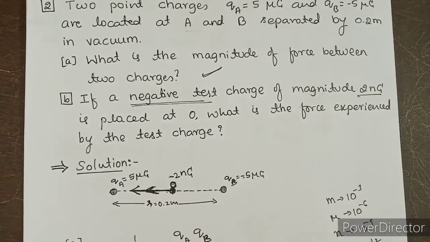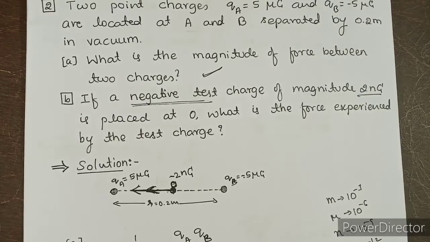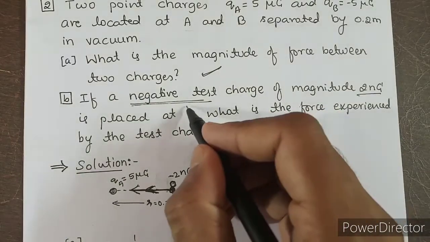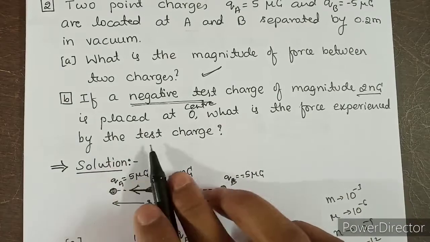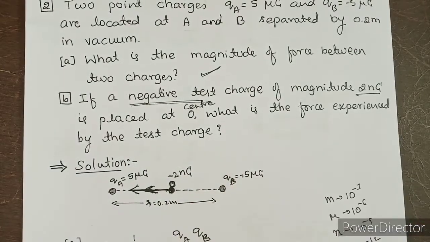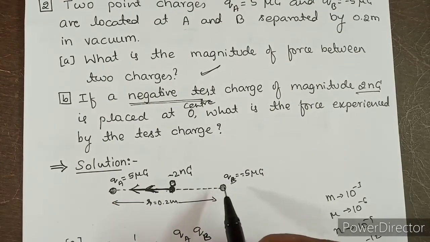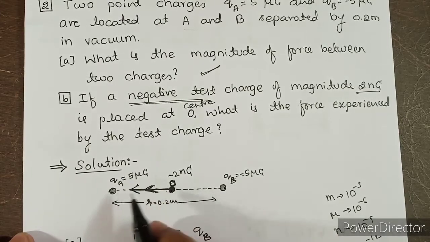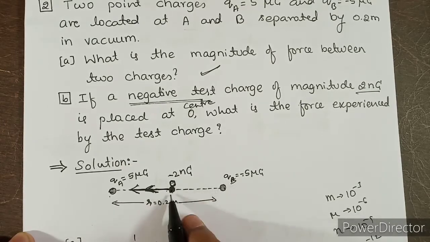So next we have the second question: if a negative test charge of magnitude 2 nanocoulomb is placed at O, that is, at the center, what is the force experienced by the test charge? Here we have two neighboring charges which can exert force on this test charge, which is placed at the center, or at O. First I will find the force due to this one, then I will calculate the force due to the other one.